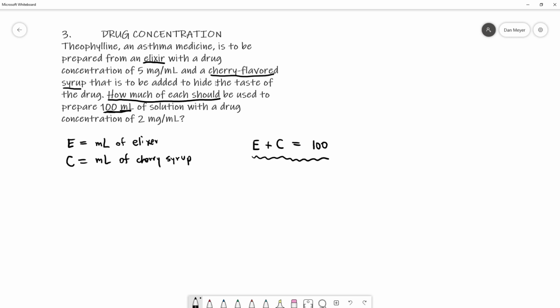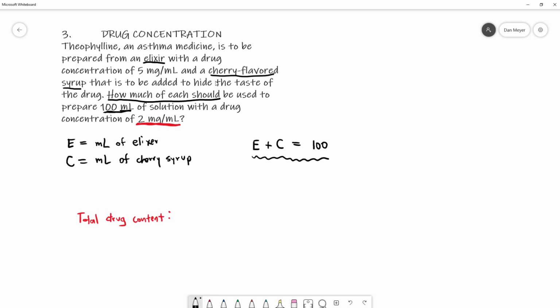All right, now the second part of this setup is that I want my 100 milliliters to have a certain concentration, 2 milligrams per milliliter, okay? So the total drug content, that's going to be the next thing.